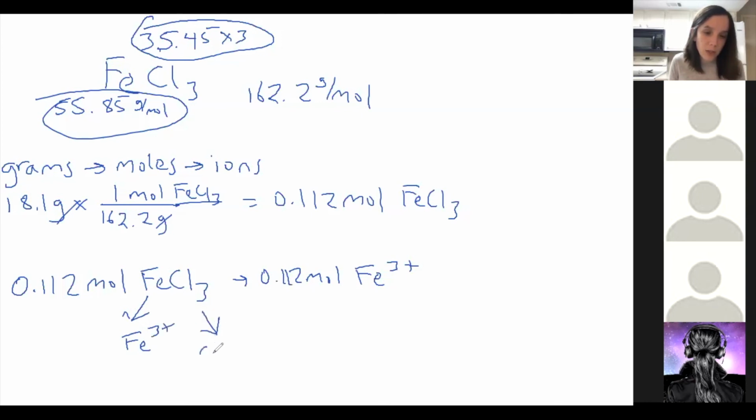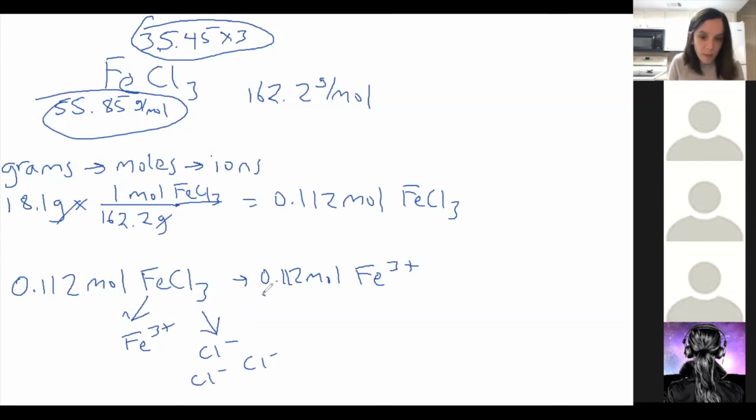and you get 3 Cl minuses. So if they're asking for moles of Cl minus, you multiply it times 3. But for moles of Fe3+, for every 1 mole of FeCl3, you also have 1 mole of Fe3+.